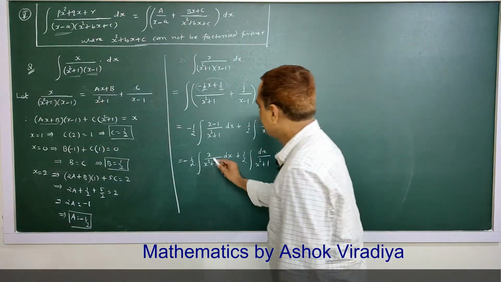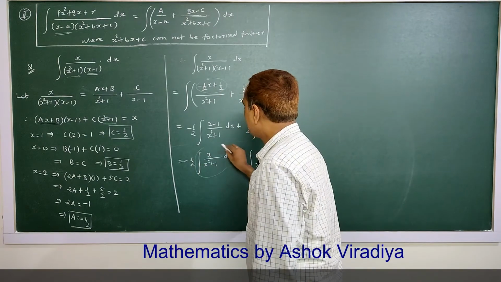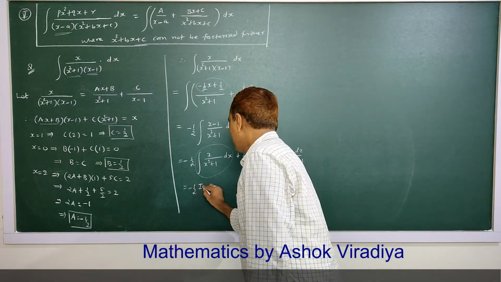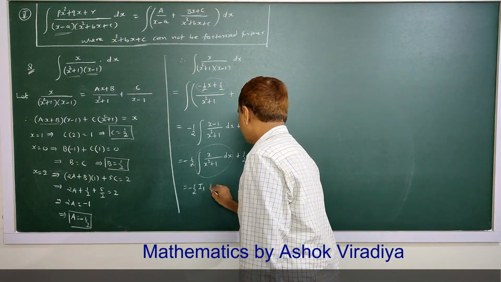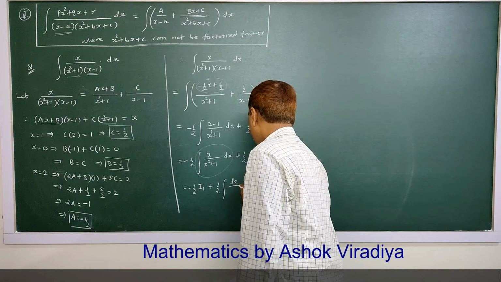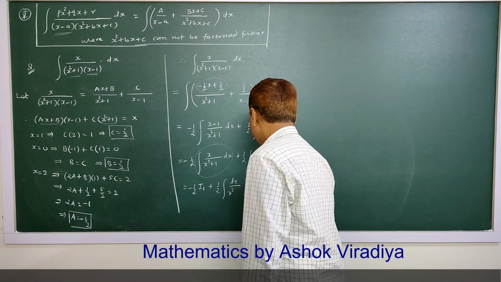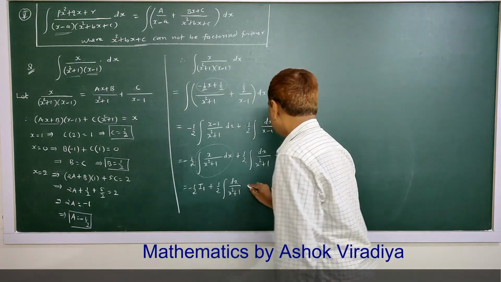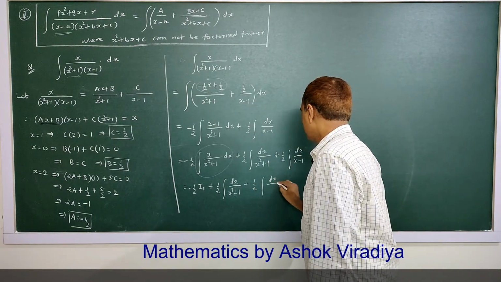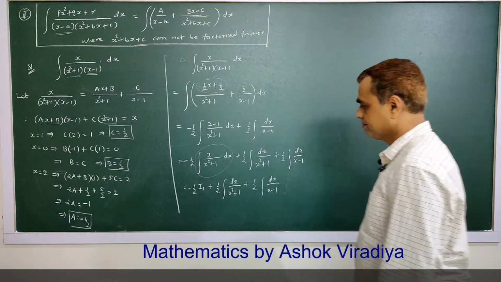Now we say this is I1, so minus 1 by 2 I1 plus 1 by 2 dx upon x square plus 1 plus 1 by 2 dx upon x minus 1.